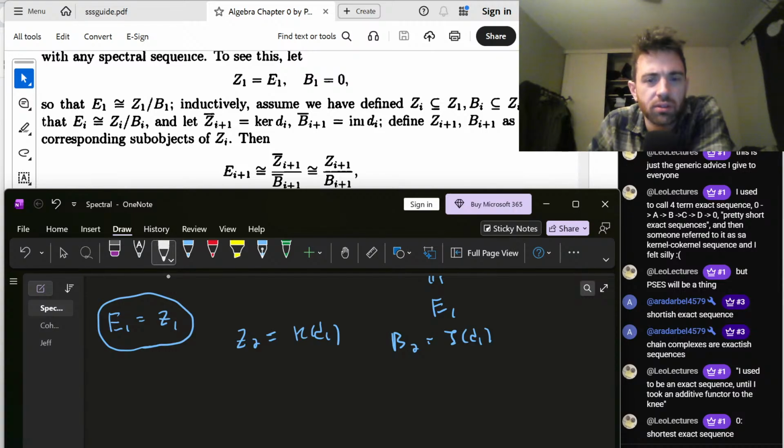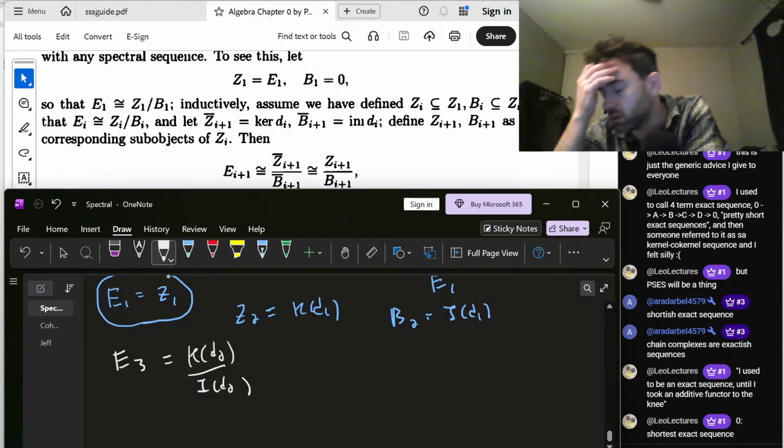So now I'm going to go to E3, which is the kernel of d2 mod the image of d2.